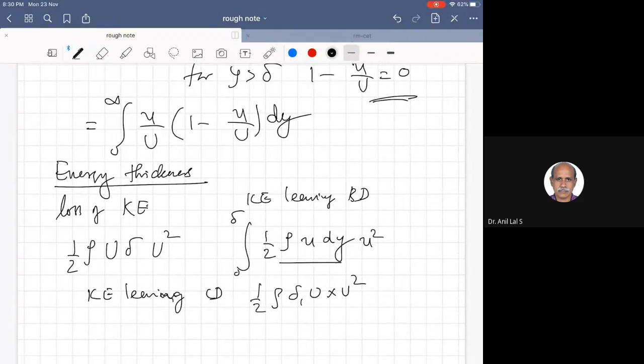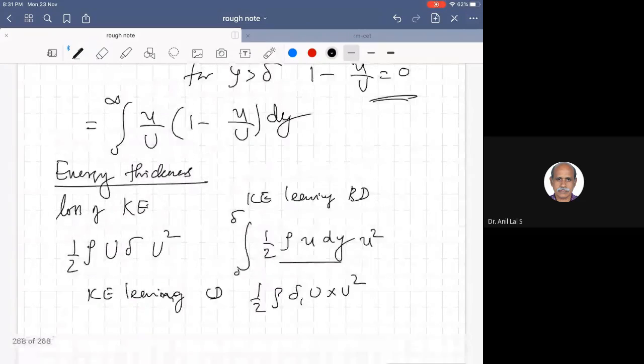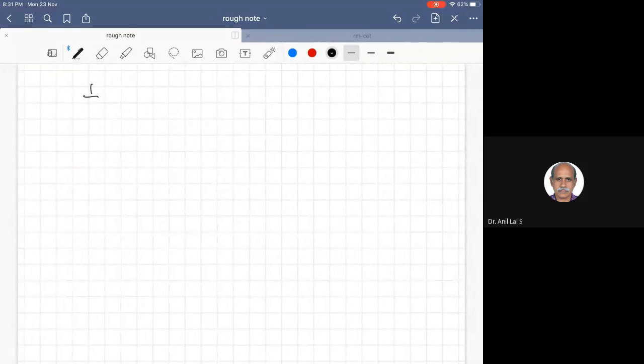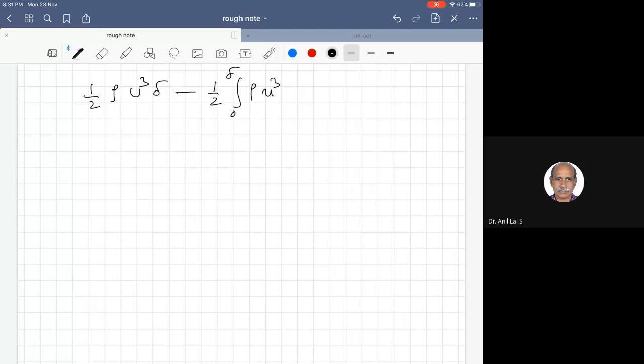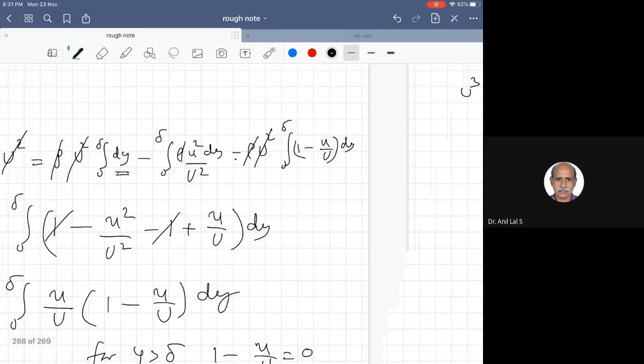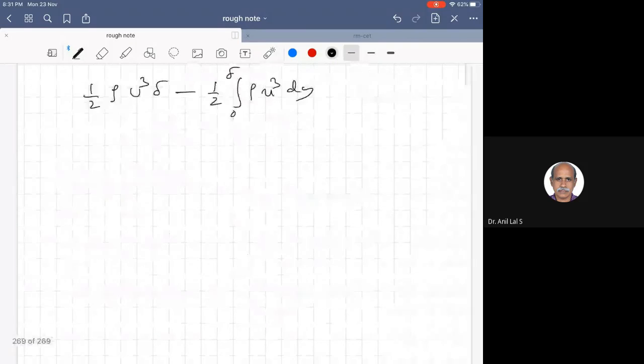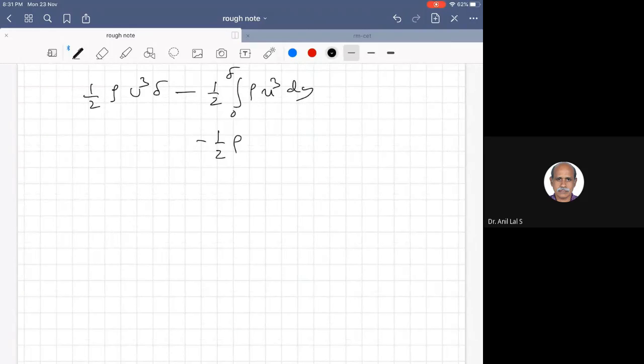So the loss of kinetic energy is half rho U cube delta minus half into integral 0 to delta rho u cube dy, minus half rho capital U cube into delta 1.